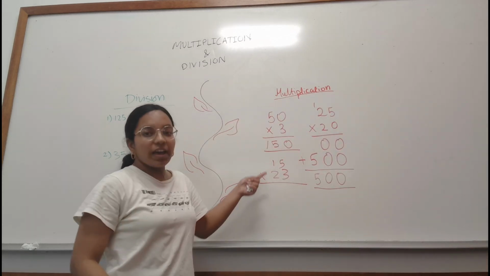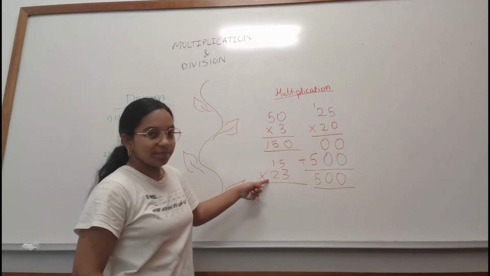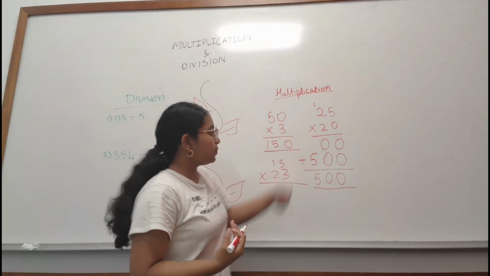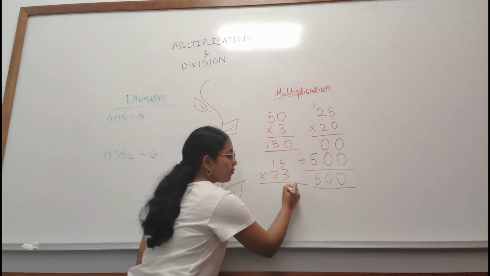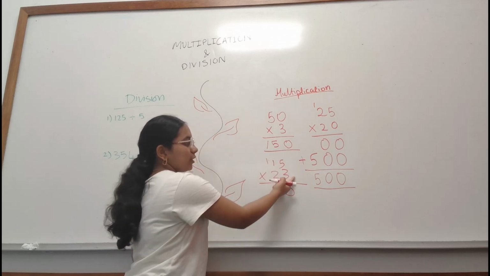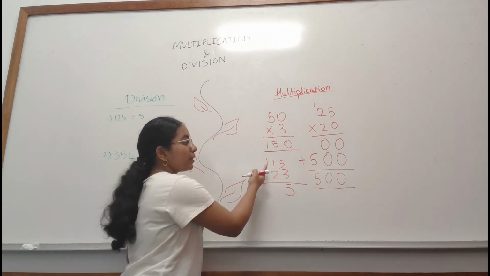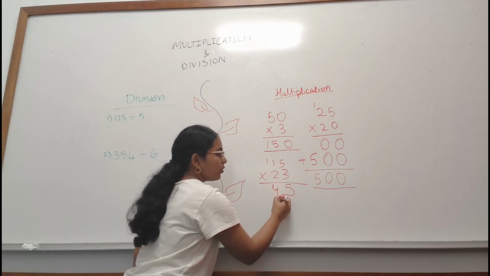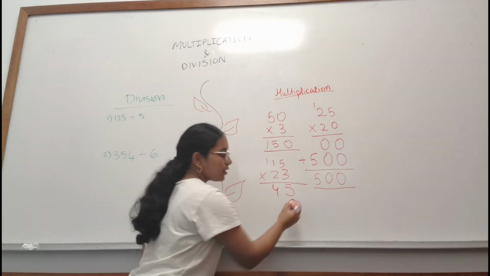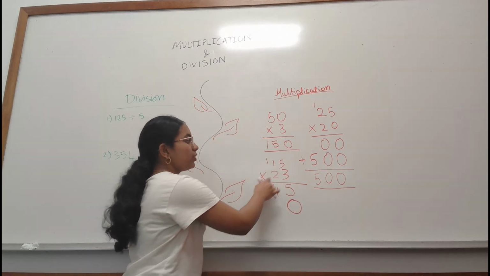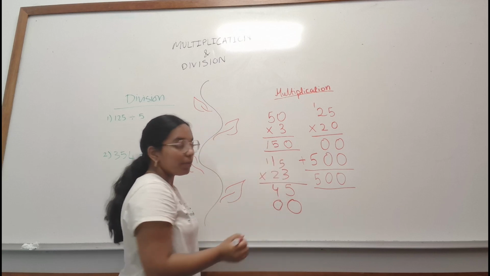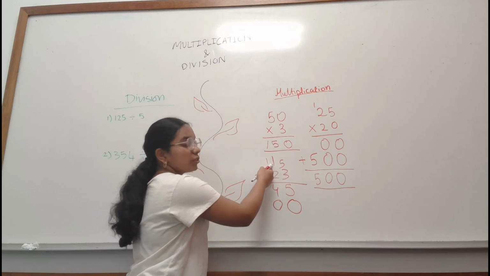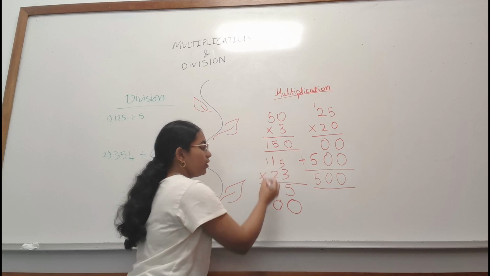And for the next one, we have 15 times 23. Same as before, we multiply 3 times 5, which is 15, so 5 and the 1. 3 times 1 is 3, plus the 1 from before, 4. Don't forget the 0, add it, and then 2 times 5, which is 10, 1 on the top. 2 times 1, which is 3, plus a 1, 4.